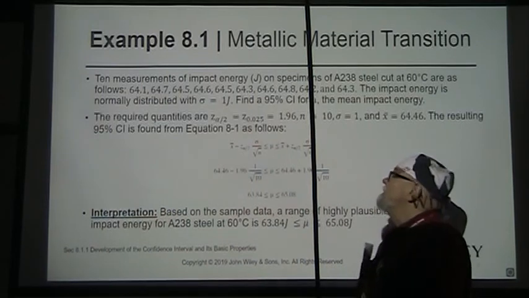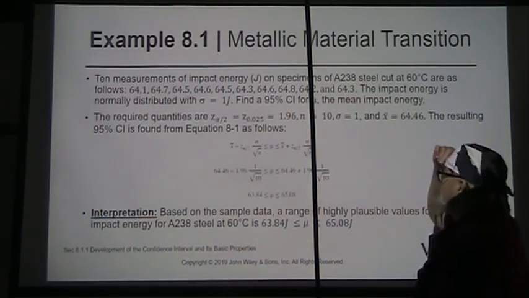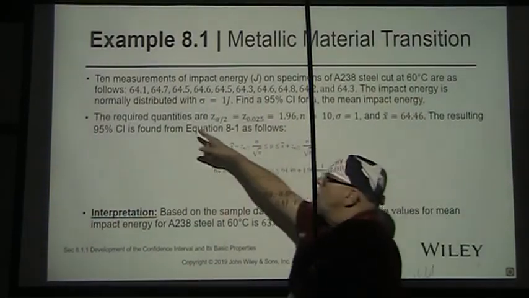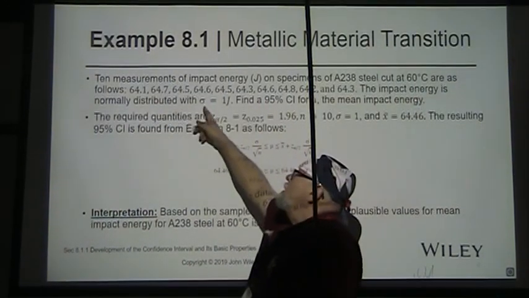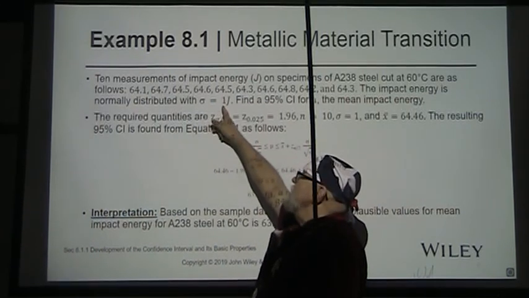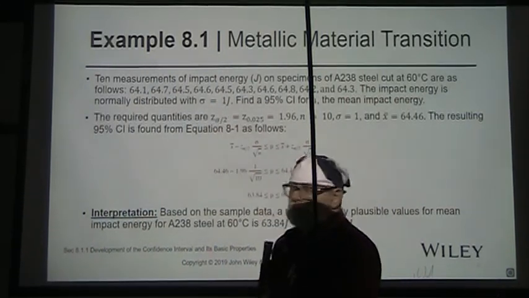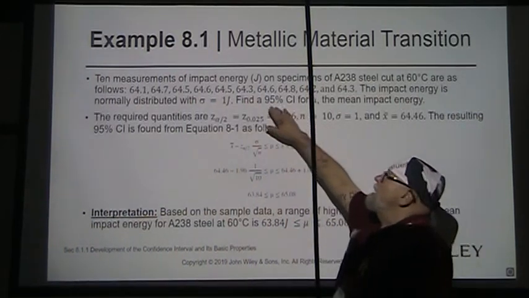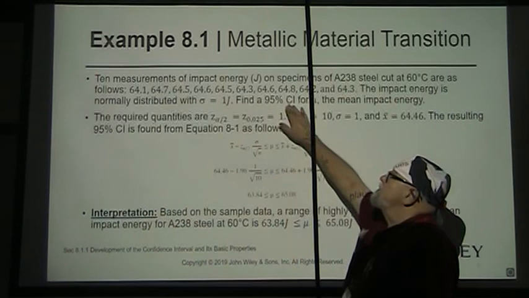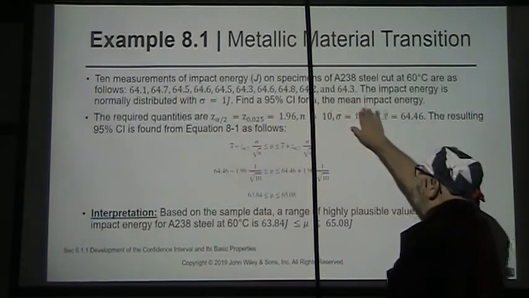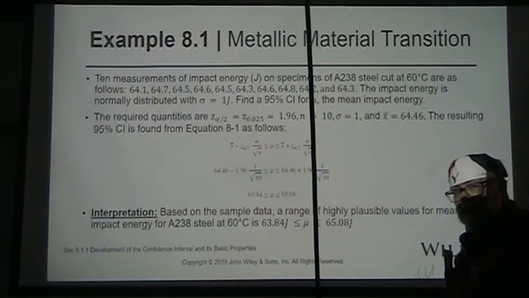Oy vey. The impact energy is normally distributed with the standard deviation being equal to 1 joule. We want to find a 95% confidence interval for mu, which is the mean impact energy.